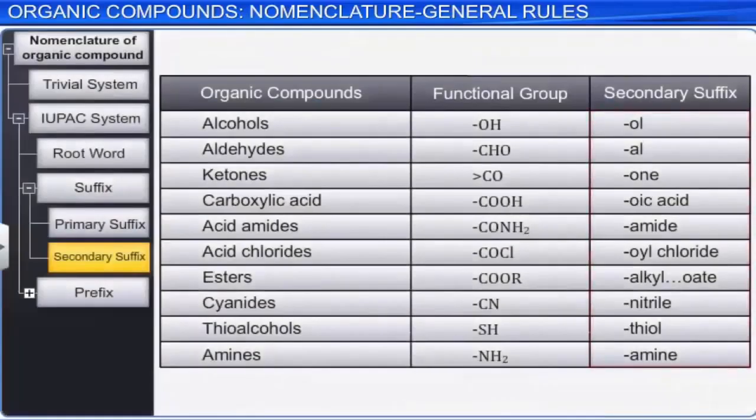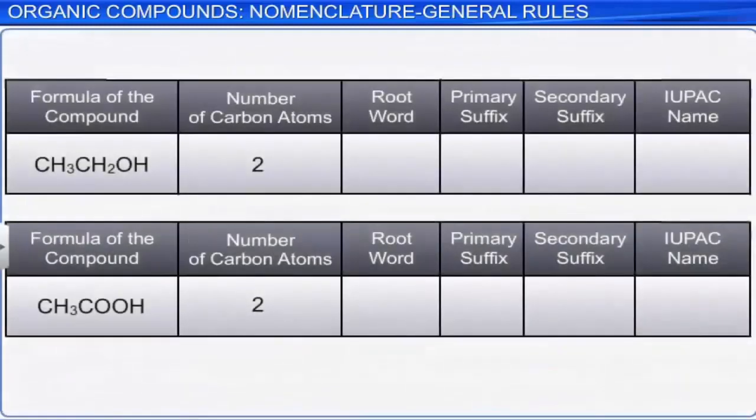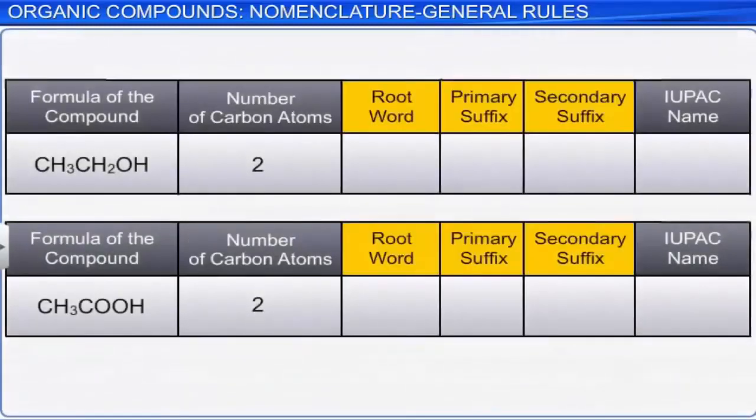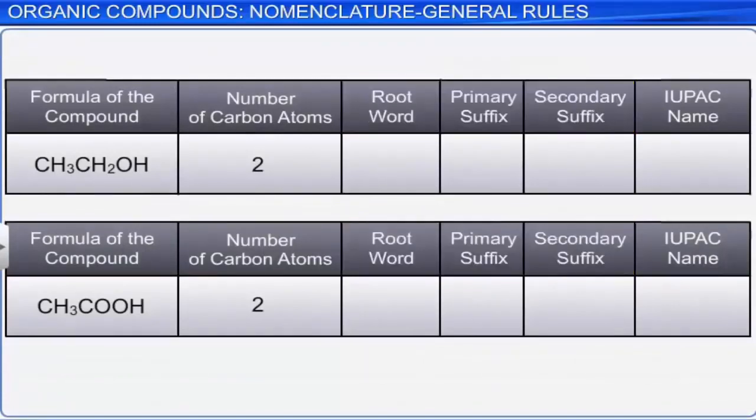A secondary suffix indicates the nature of the functional group present in a compound. Thus, the three components can be combined to form the compound name. For example, the root word eth, primary suffix ane, and secondary suffix ol all together form the IUPAC name ethanol.